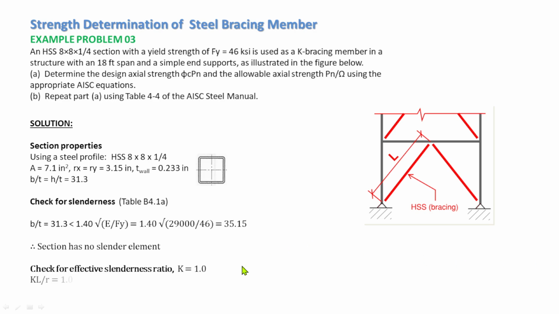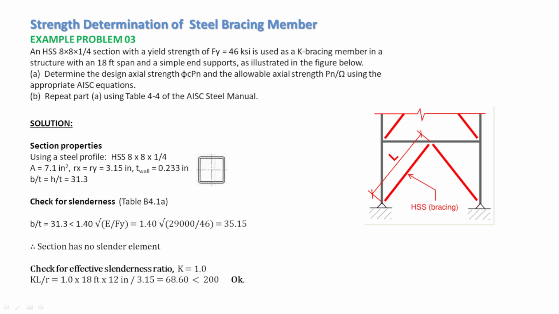So KL over r is equal to 1 times 18 feet times 12, because we are going to change this into inches to be consistent with our units. That 18 feet is the length of our bracing, which gives 68.6, and it is less than 200.